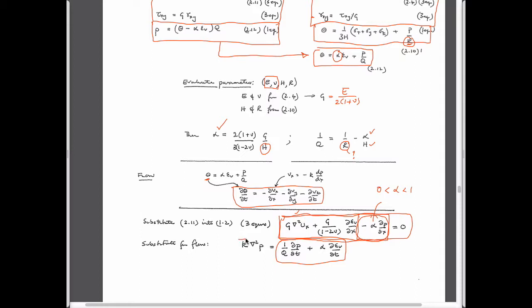Likewise, in our flow equation, if we deal with the flow equation in COMSOL on its own, the part that will get taken care of is with this. And actually, you remember last time when we tried to do this, the actual equation we were solving was just the diffusion equation in terms of concentrations is equal to 1 over q times change in concentration with time, plus an extra term, which is going to be this.